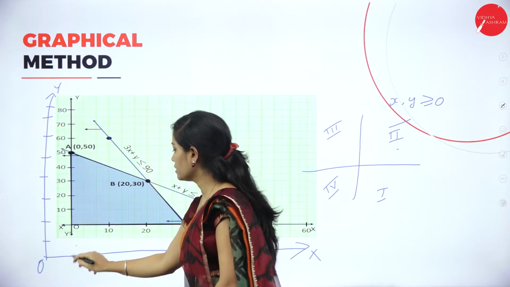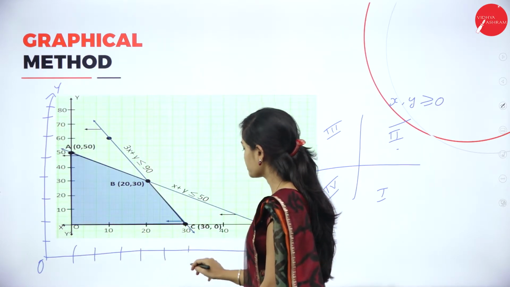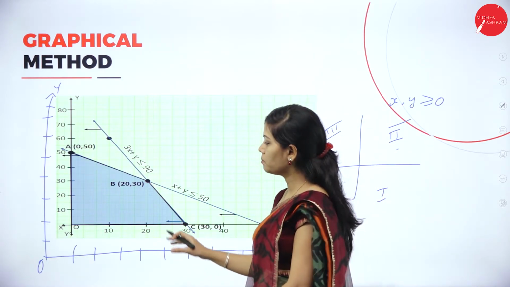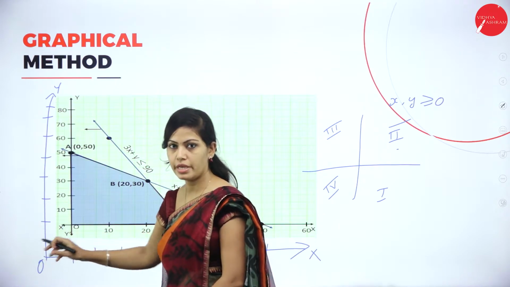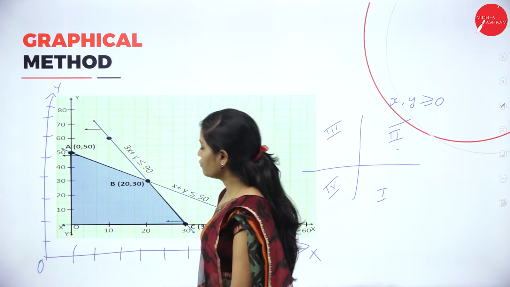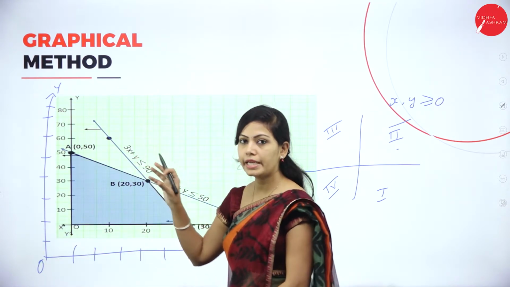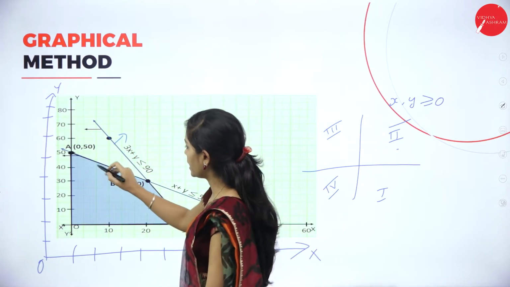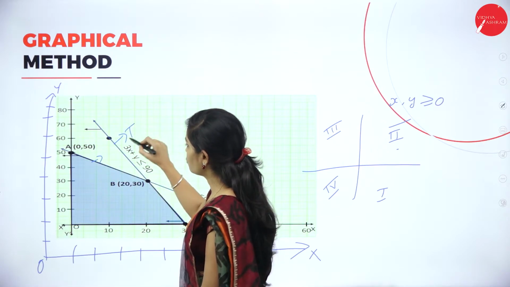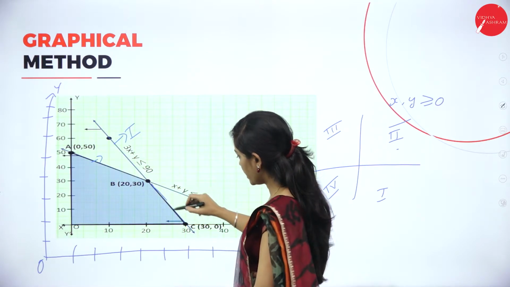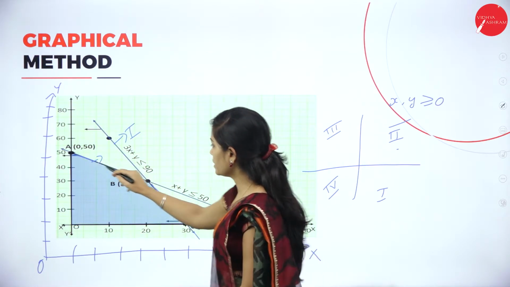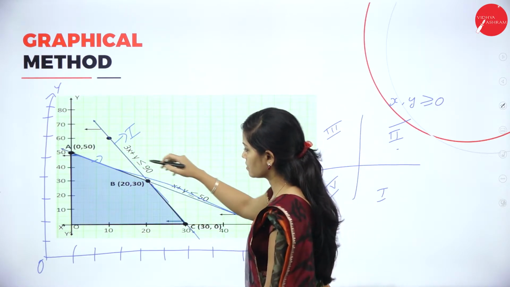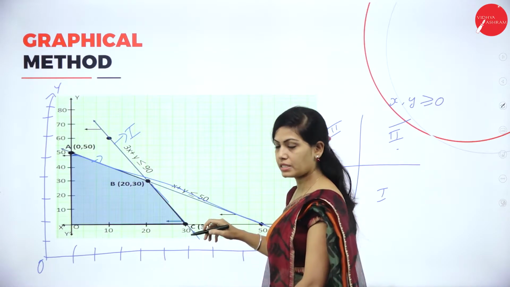So first find the scale, using the maximum point, you can find out the scale value, and after that you just connect all the constraints. So this is the first constraint and this is the second constraint. So for the first constraint you got a line, and for the second constraint also you got one line.